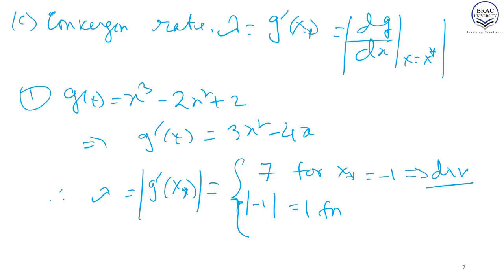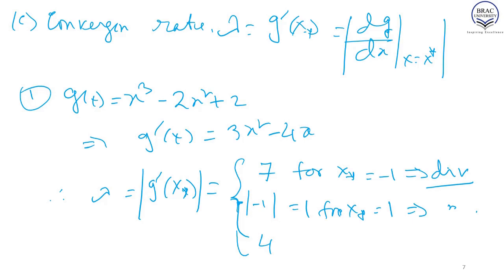So it is x star equal to plus 1. So it is also diverging. No solution, because it is not less than 1. It has to be, for converging, less than 1. And finally, you put x star equal to 2 here. 4 times 3 is 12, minus 8 is 4, that is equal to 4.